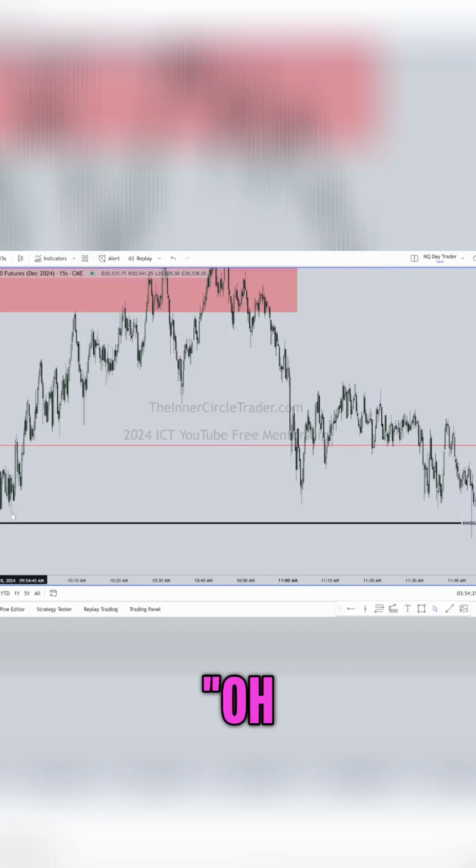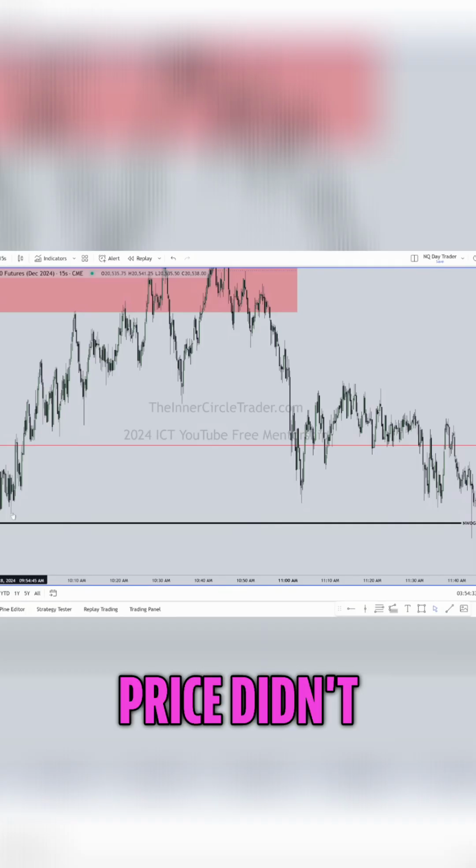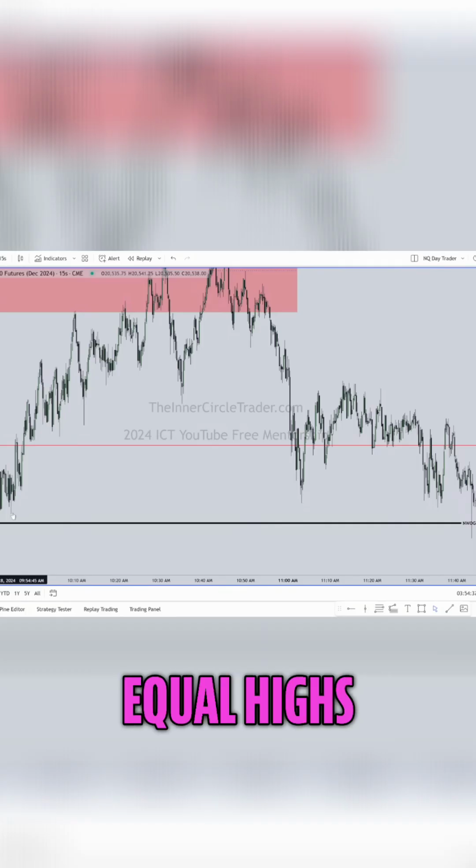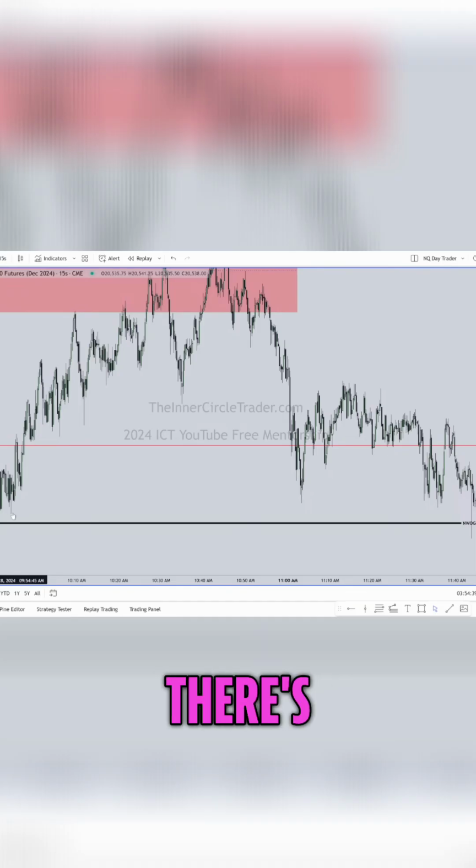Oh, now I understand why price didn't take that relative equal low there yet. Why did it leave these relative equal highs? And why didn't you wait for it to shoot up there? Because there's conditions in the marketplace that are going to promote a different approach to taking trades in that specific environment. And it's defined by high resistance or low resistance.